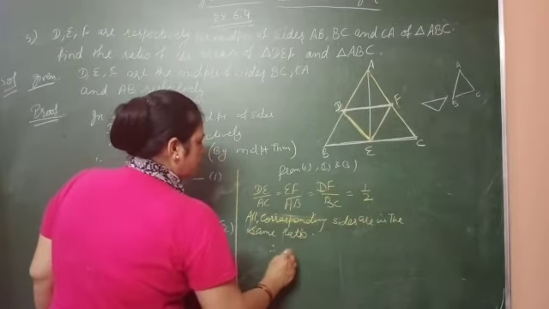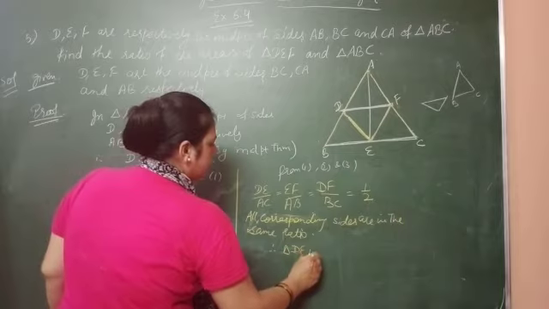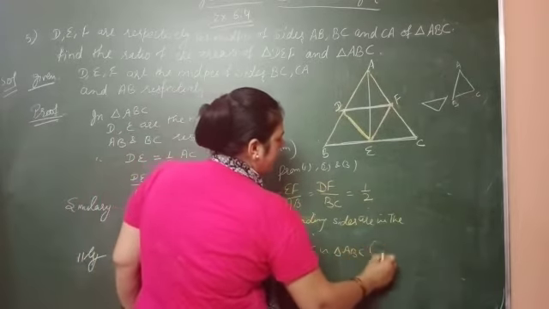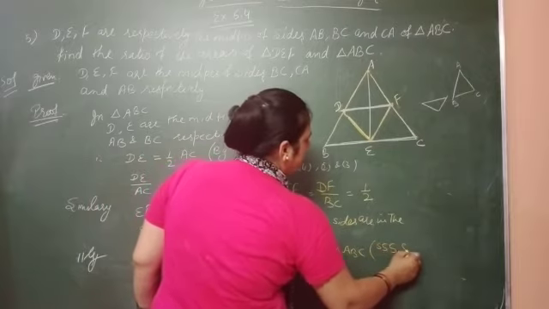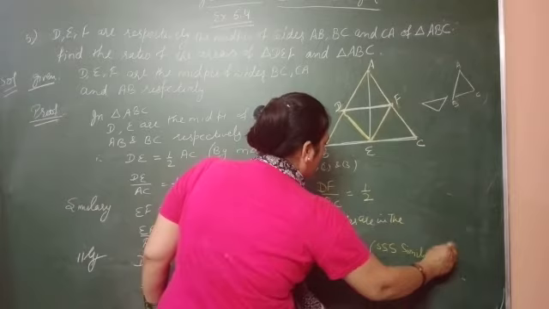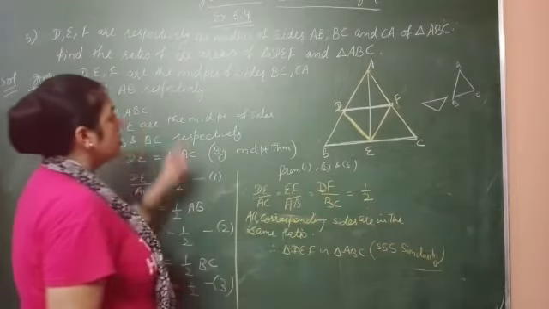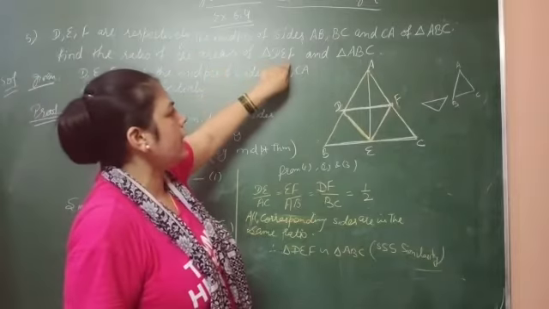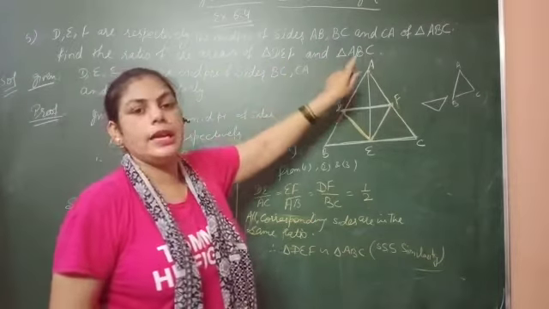So therefore, triangle DEF is similar to triangle ABC by SSS similarity. Clear? Now what we have to find out? We have to find out the ratio of areas of DEF and ABC.